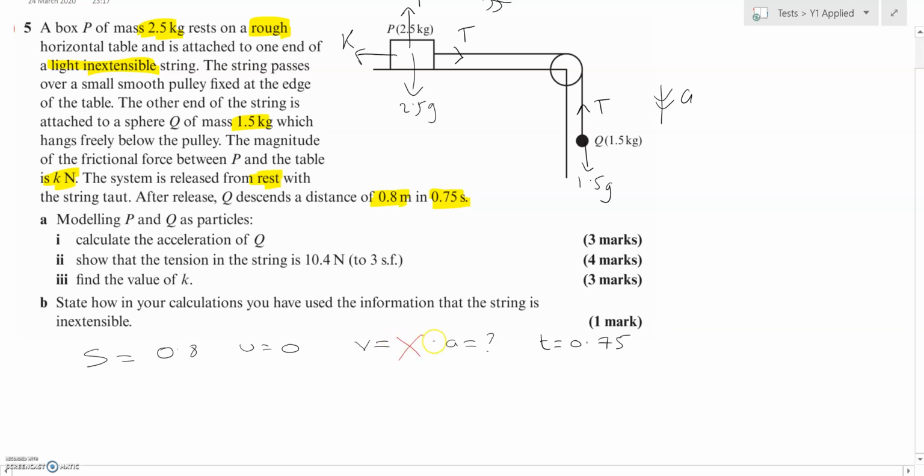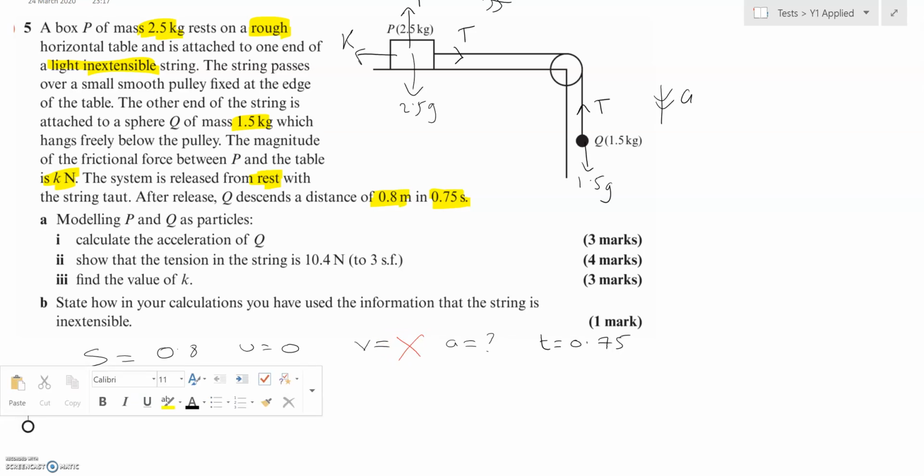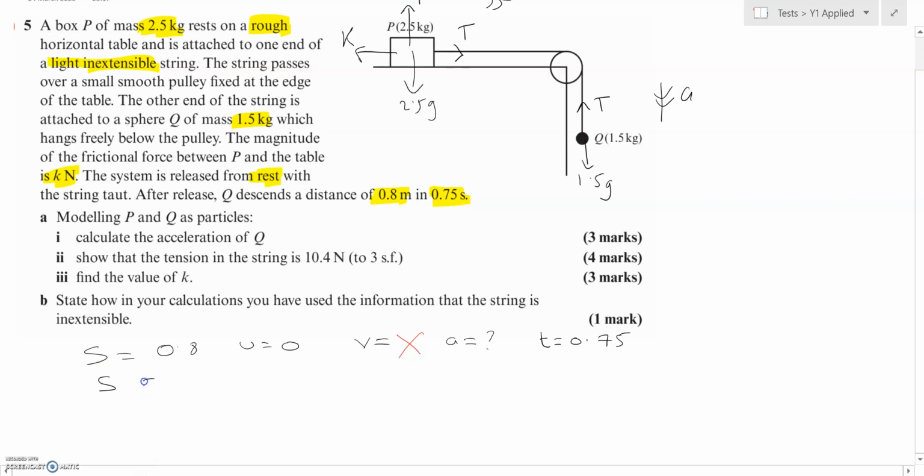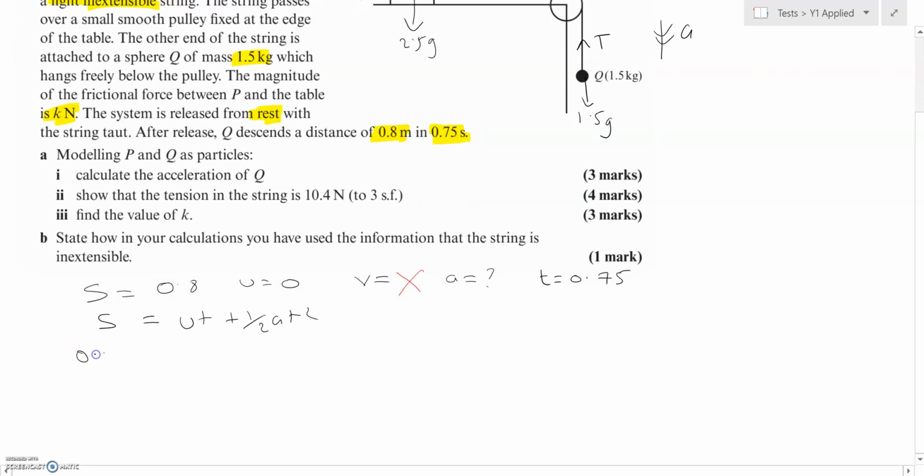Every time we don't have V, we have to use that equation, and that happens a lot. So 0.8 is equal to 0 times 0.75 plus a half A T squared.